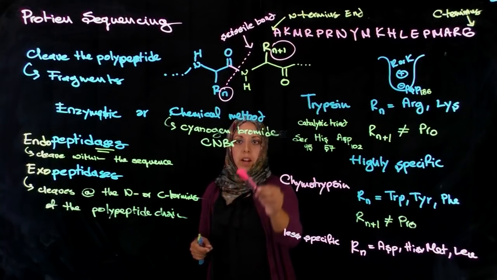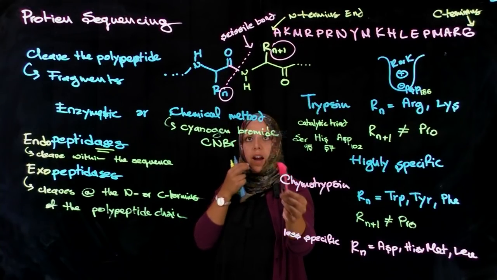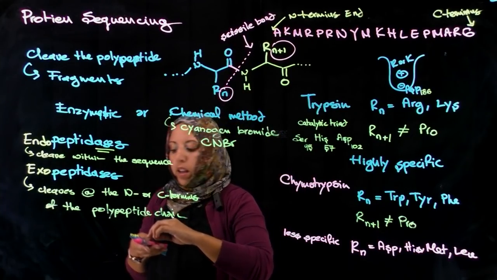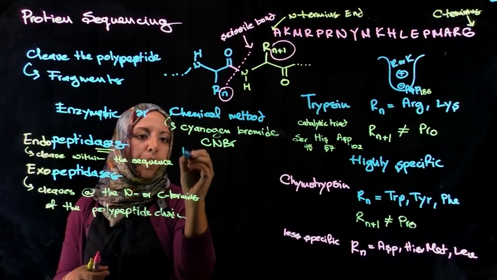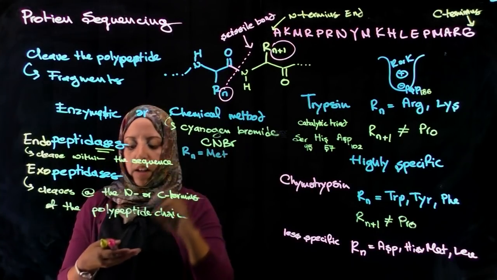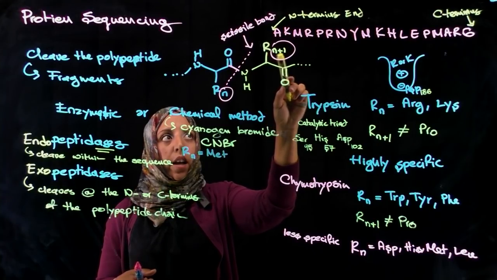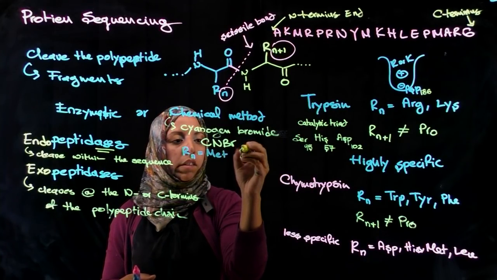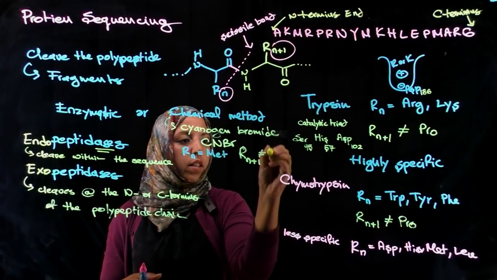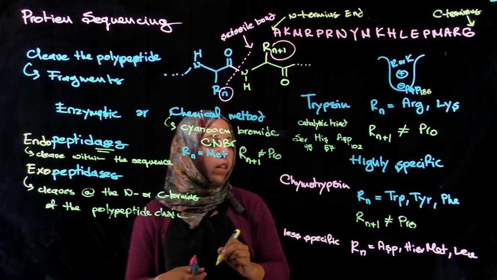Okay, well, what about cyanogen bromide? What does it cleave after? It still cleaves an acyl bond as well, but it cleaves where Rn is methionine. And again, as long as Rn plus 1 is not proline, right?